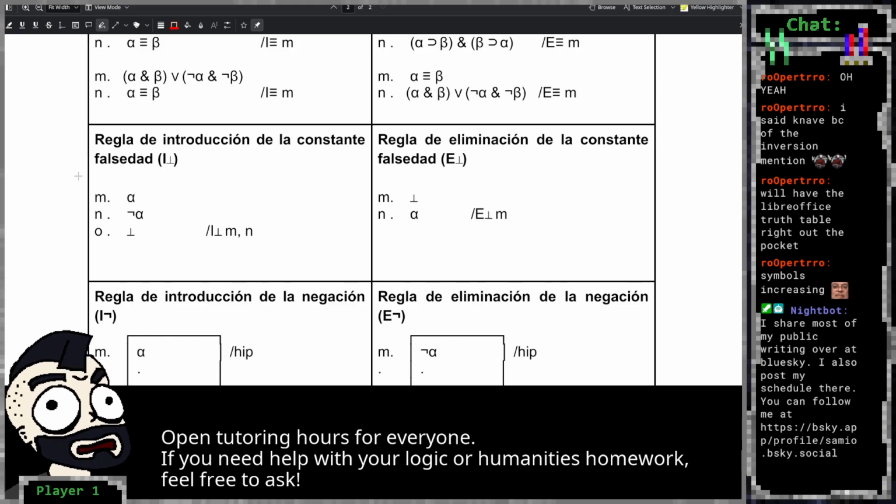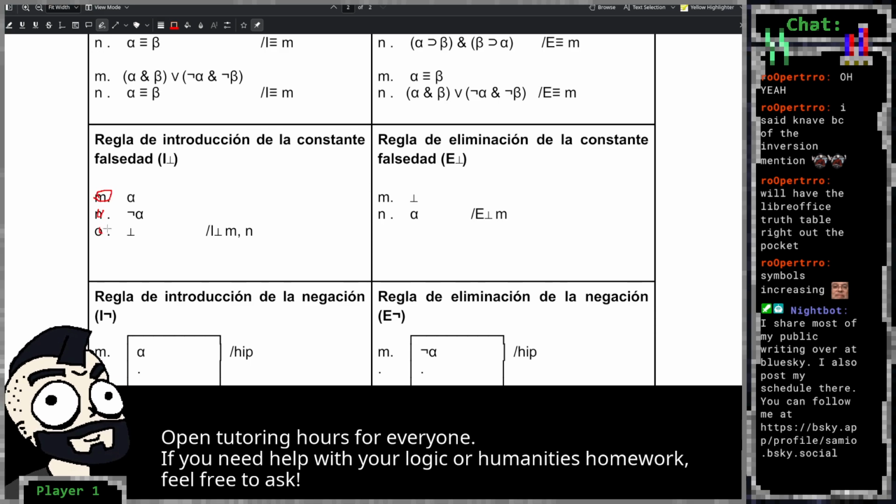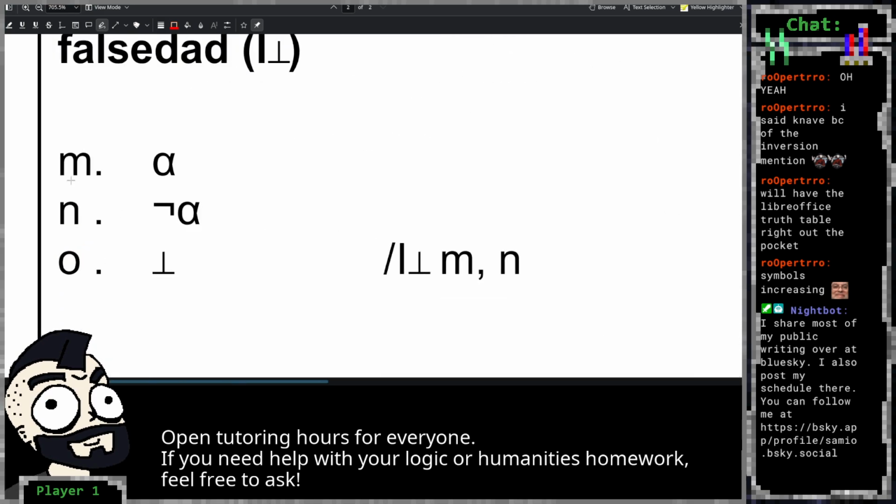So for example, when you see M or N or O like this, these are not letters, those are variables for the number of the step that we're in.